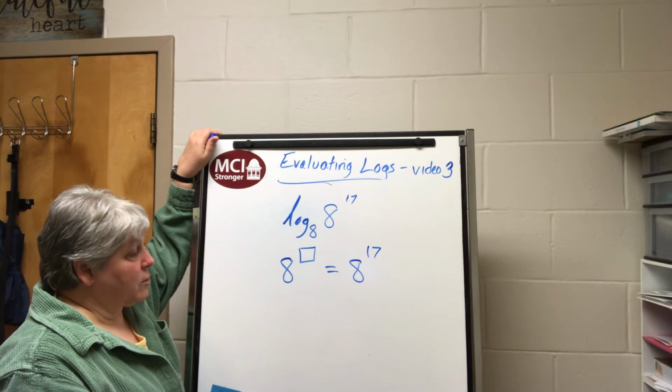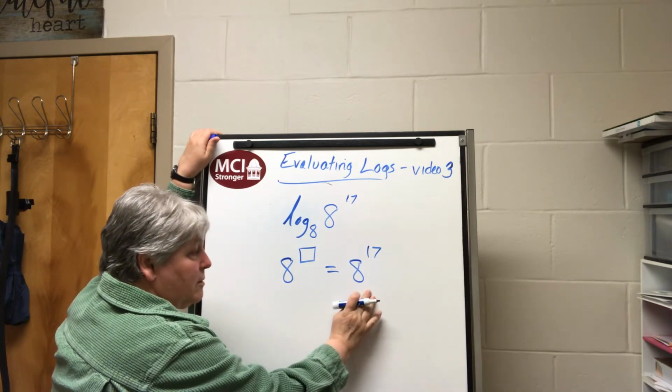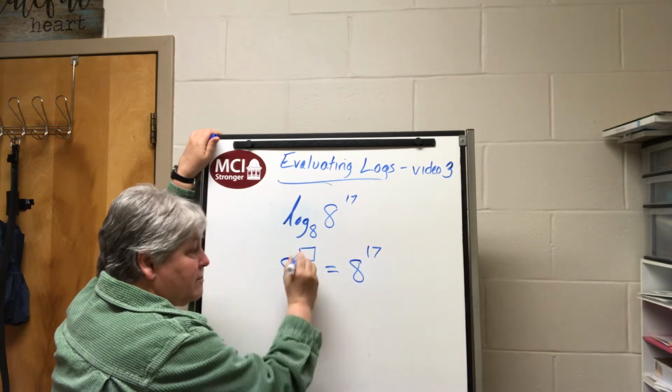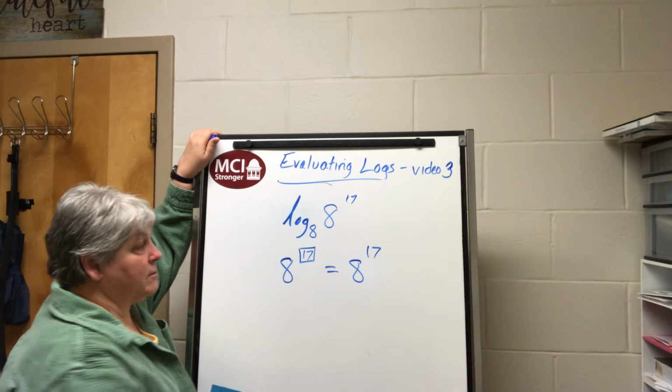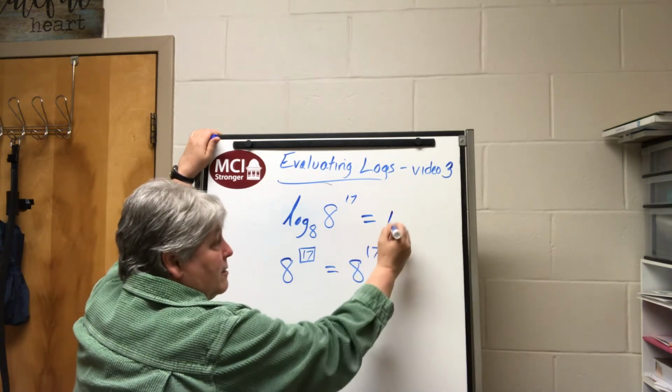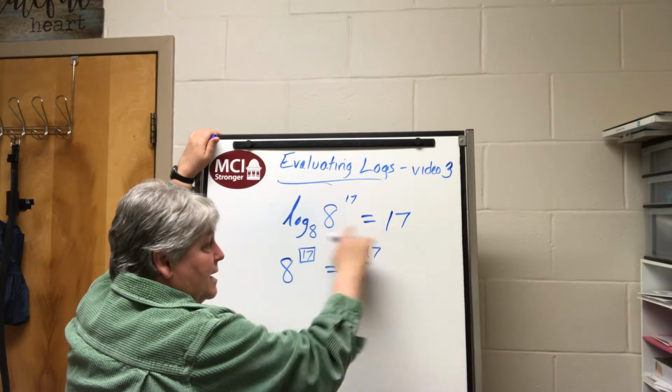So looking at this equation, what do you think could go in this box that would make this be equal? Well, 8 to the 17th is what 8 to the 17th is. If I raise 8 to the 17th, I get this.